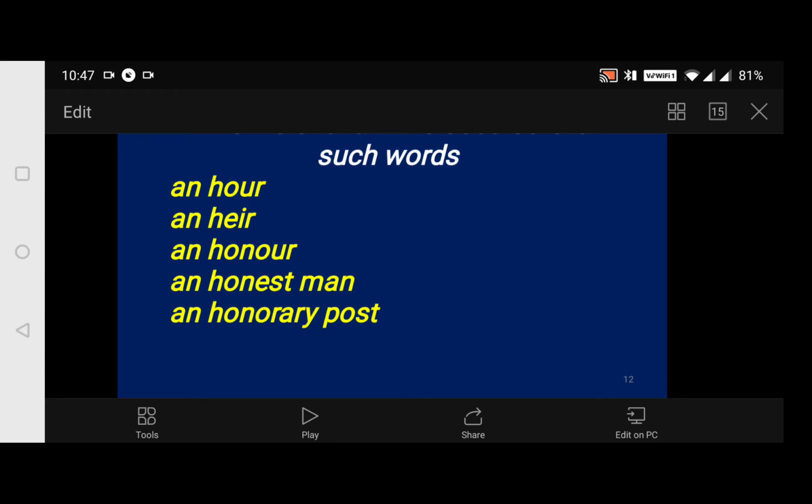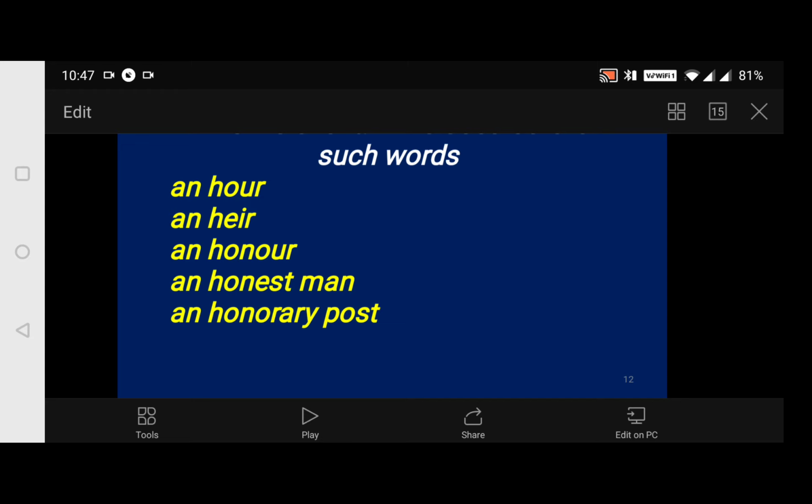Then we can say, she gave me a nice cup of tea. He is a fool to say so. Now, there is ugly scar on his face. We have to say, there is an ugly scar on his face.